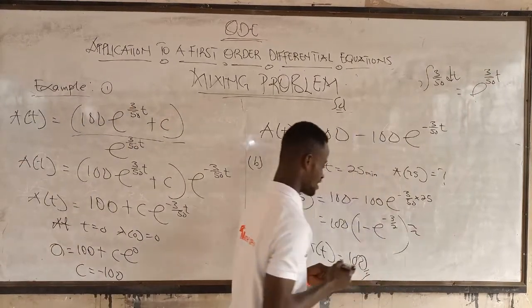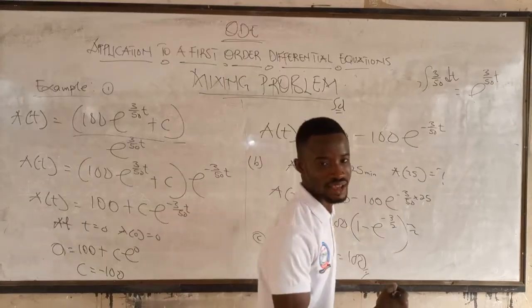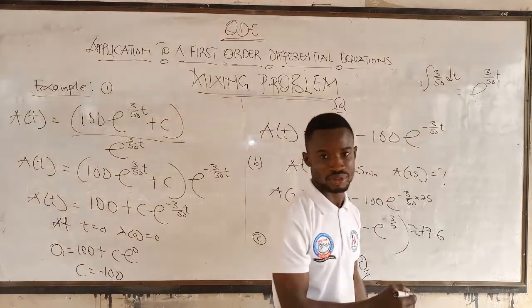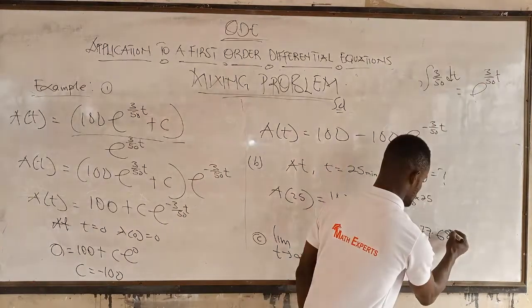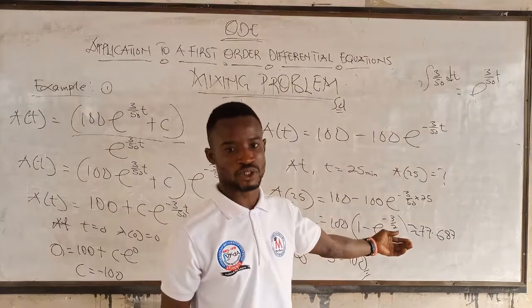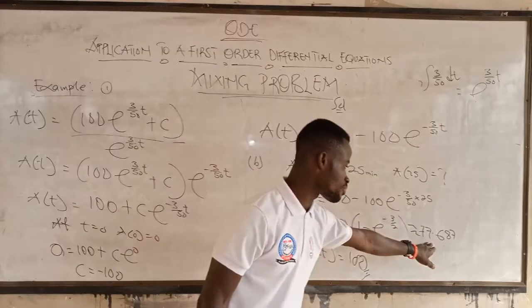Please get a calculator now. So now this will be approximating to 77.687. Then you conclude that the amount of salt at the end of 25 minutes is that.